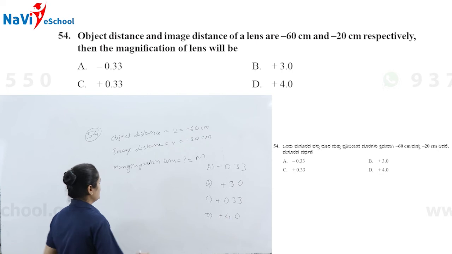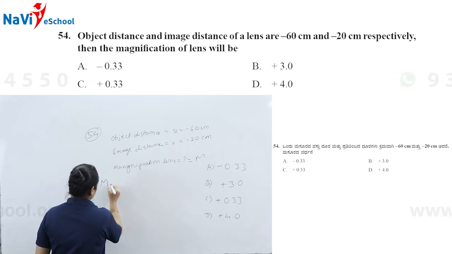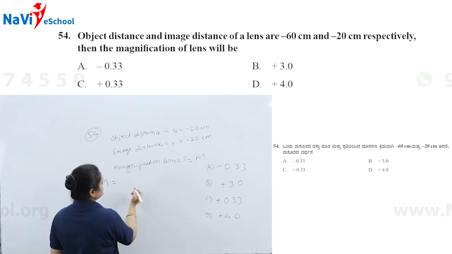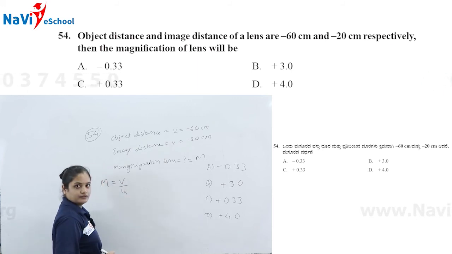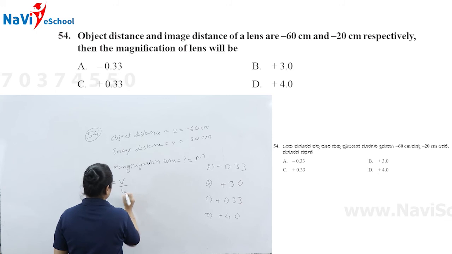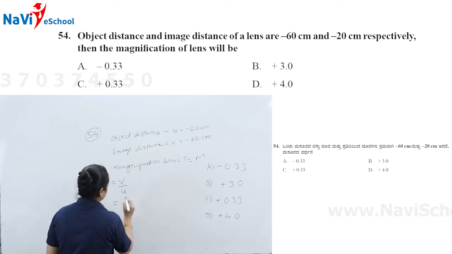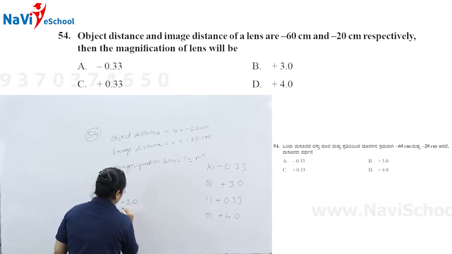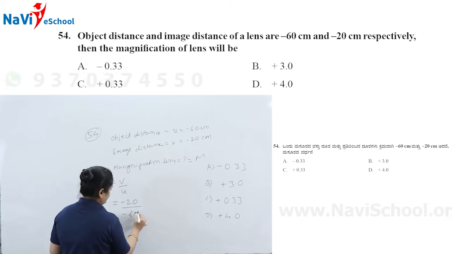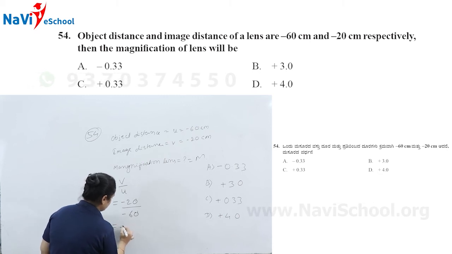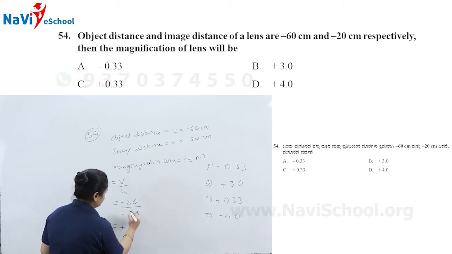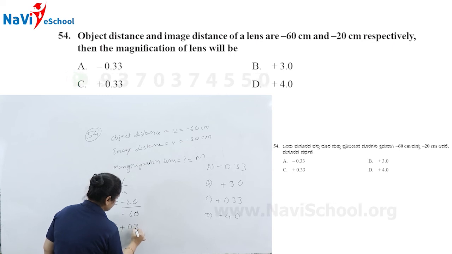To find the m value, we know the formula v by u. So v is minus 20 divided by minus 60. The zeros cancel each other, and you get a positive sign and then 0.33.